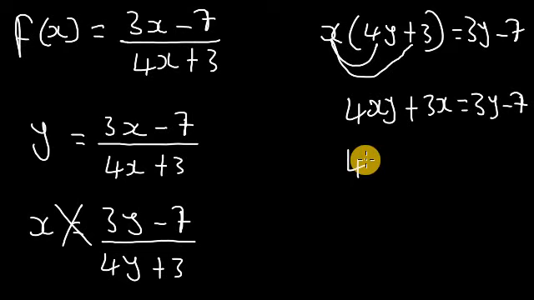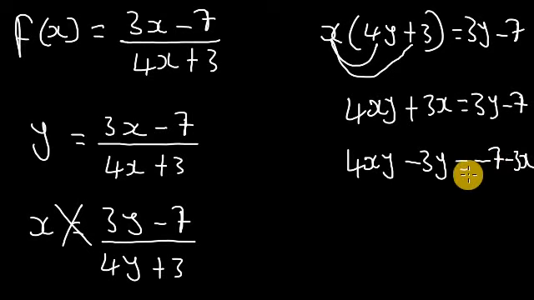So I'm going to have 4xy minus 3y equals negative 7, then negative 3x. What I did is I brought the 3y to one side and I took 3x to the other side. By the way, you can do yours any way around.